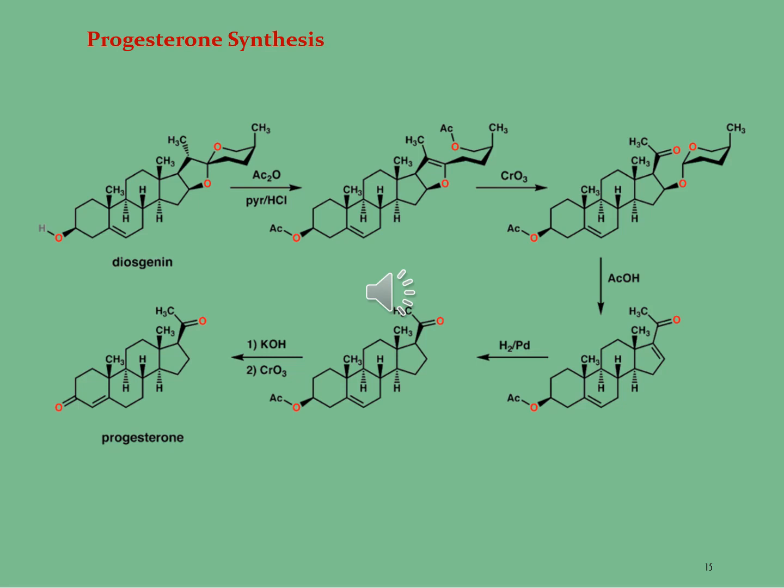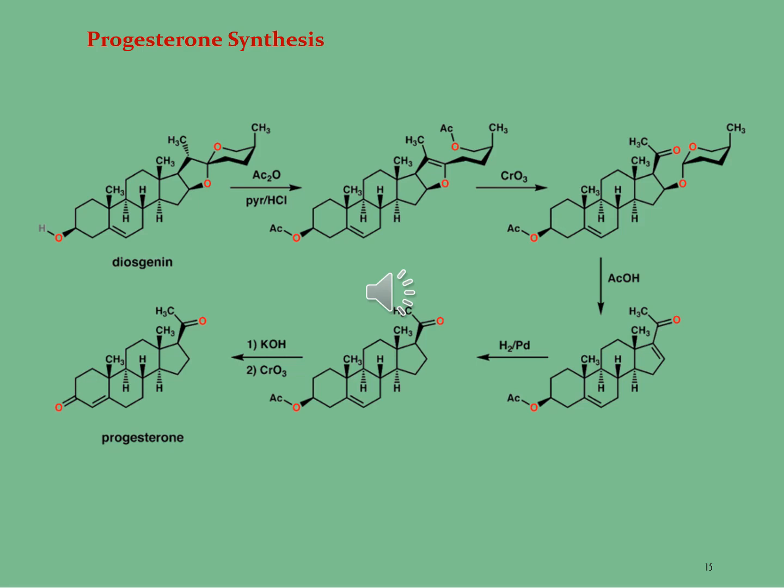This is the second last molecule, which is further treated, in the first step with alkali, that is potassium hydroxide, and in the second step with chromium trioxide. So the hydroxyl group is further converted into a carbonyl group at the carbon 3 position.